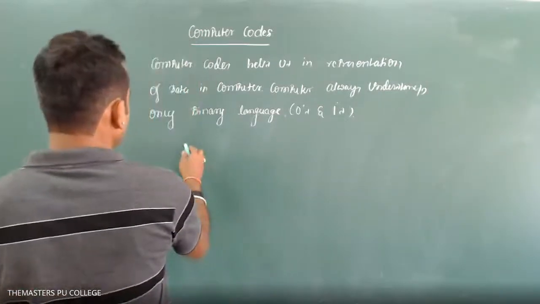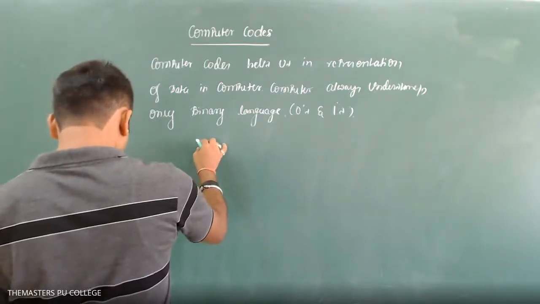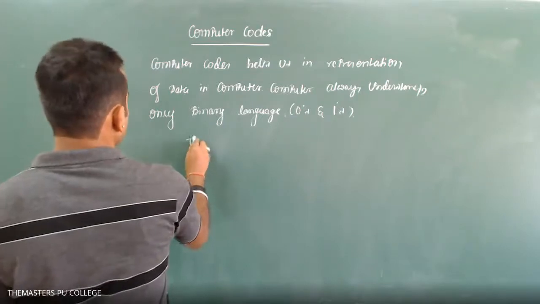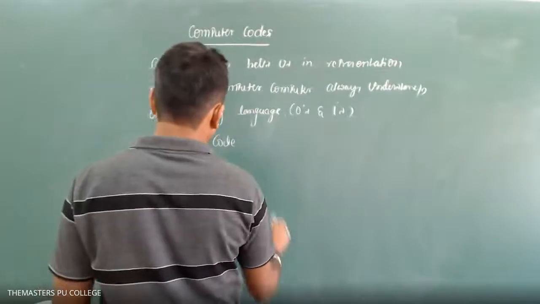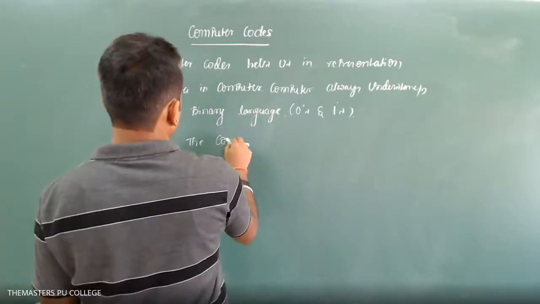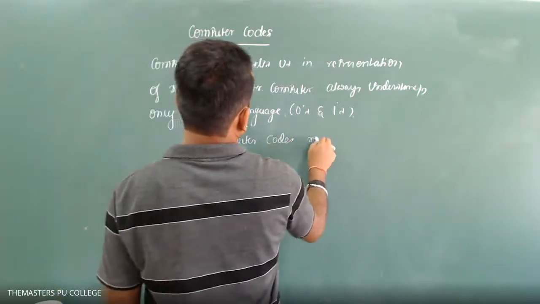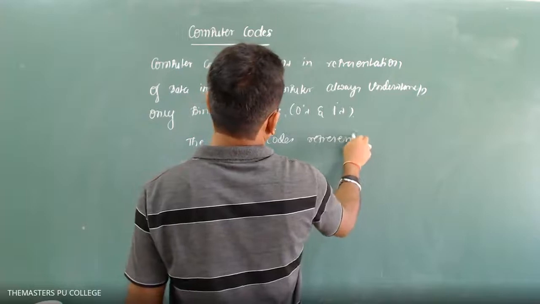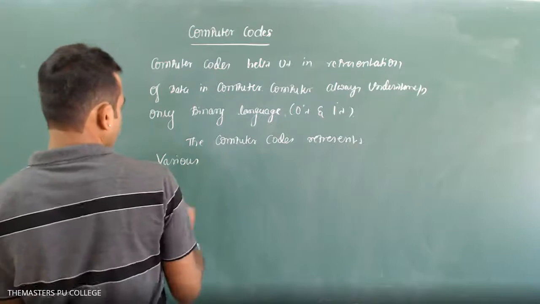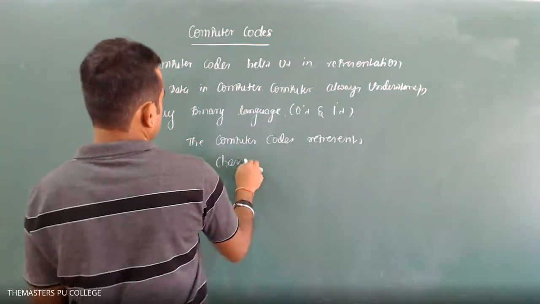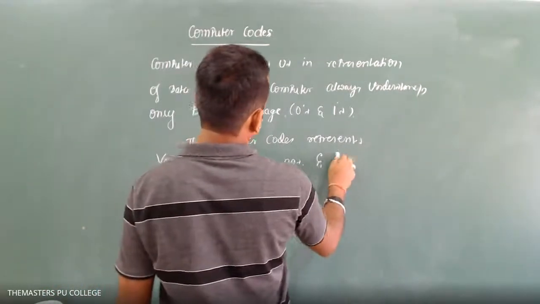The better method is binary coding. The computer codes represent various characters, numbers, and special symbols.